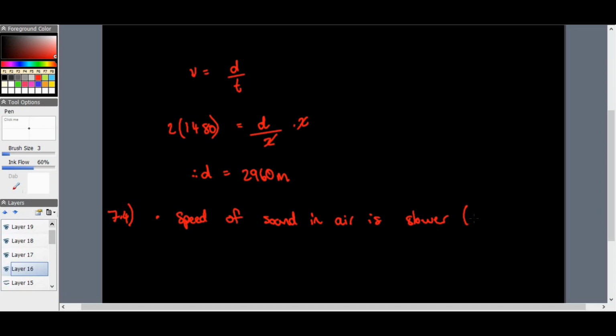The reason why is air is less dense than water. Remember I mentioned that the more dense a medium is, the faster sound will travel through it. It's less dense, in other words, particles are further apart.